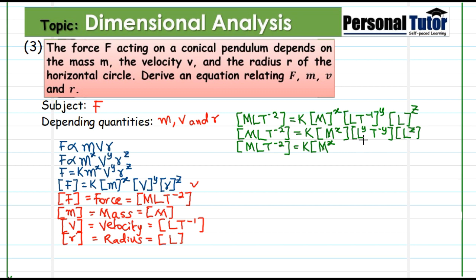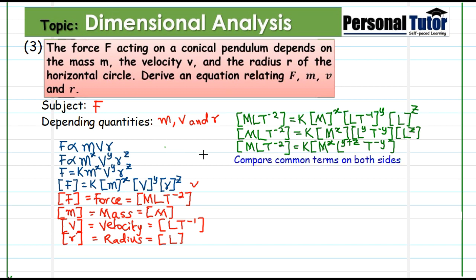When you have two terms multiplying, their exponents are added. So L is written, then exponents are added as y plus z. Then the T, negative y has not got any other T. From this context, you have to only compare.